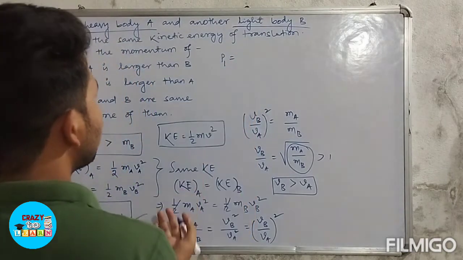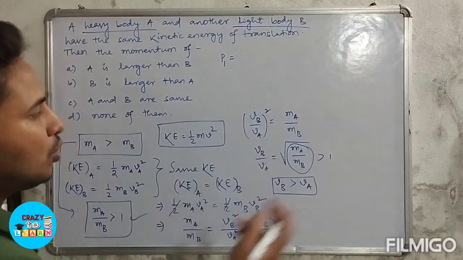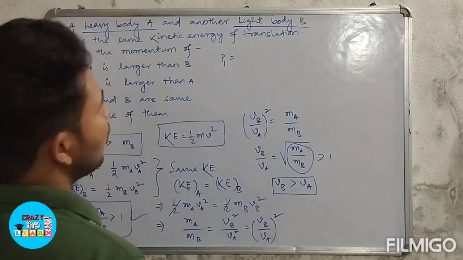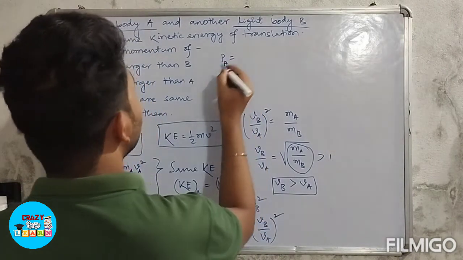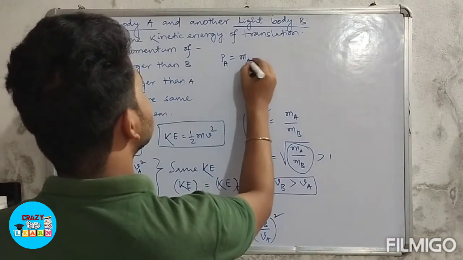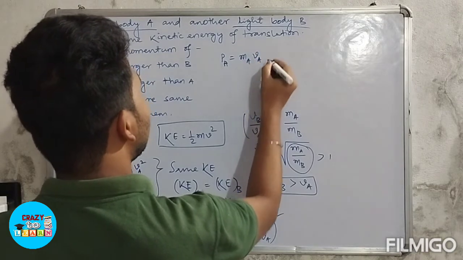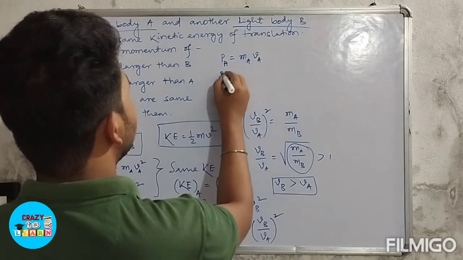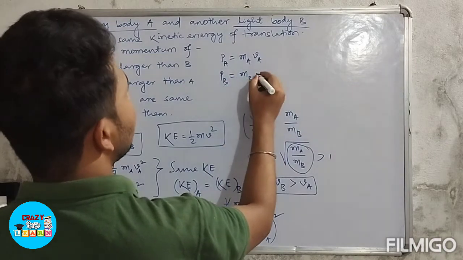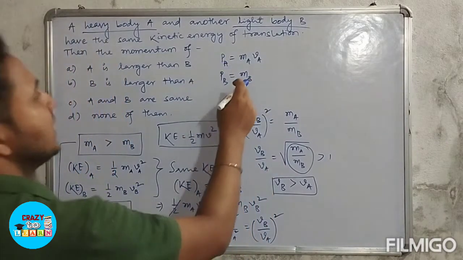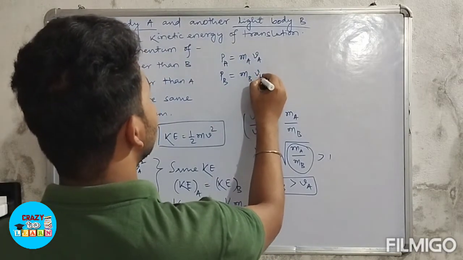We know the formula for momentum is P is equal to mv, mass into velocity. So the momentum of body A is mass of body A into velocity of A, and the momentum of body B is mass of body B into velocity of body B.